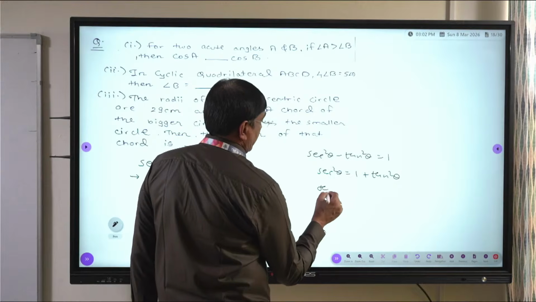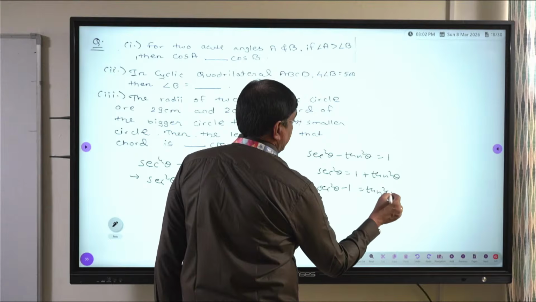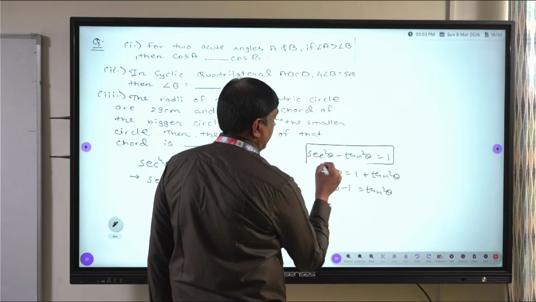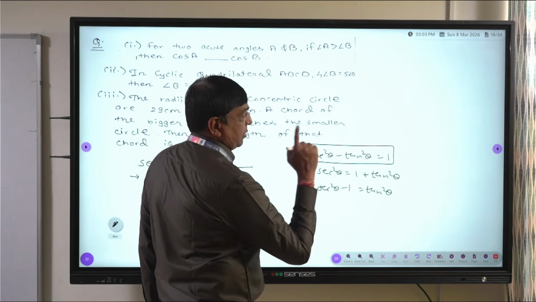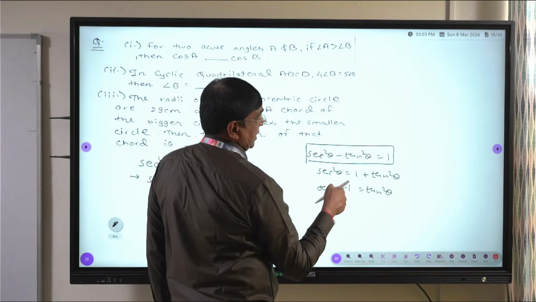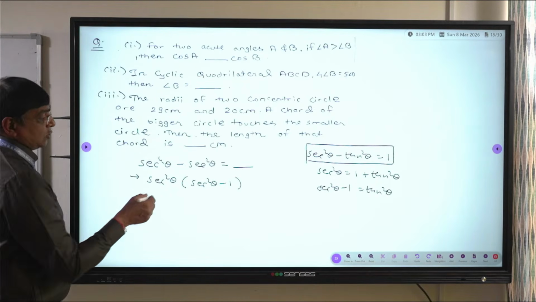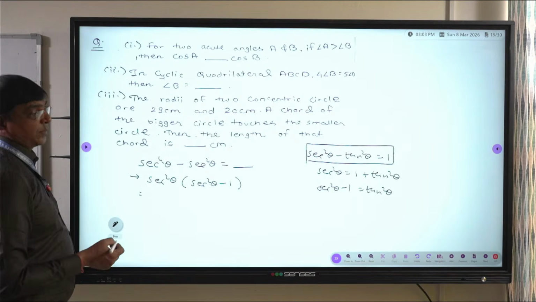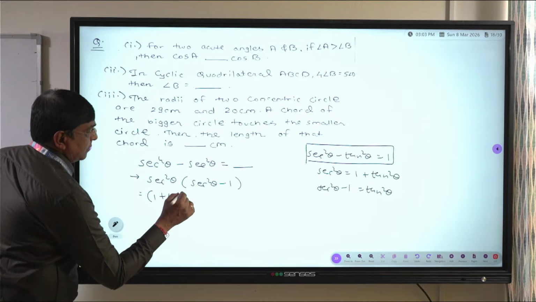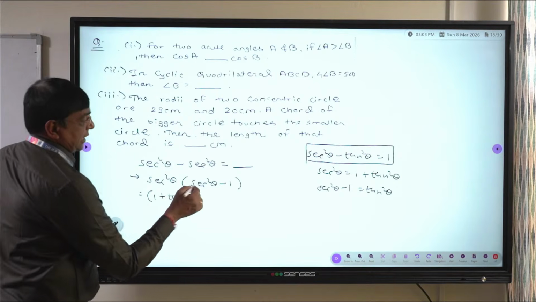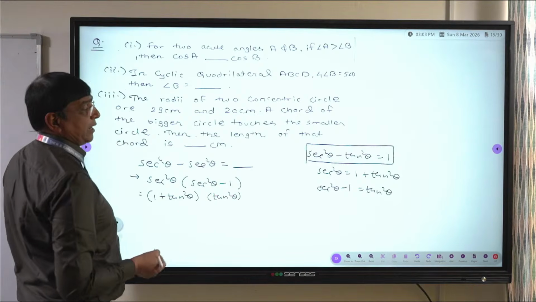We need sec square theta, meaning sec square theta equals 1 plus tan square theta, and sec square theta minus 1 equals tan square theta is your general identity. From that, sec square theta is 1 plus tan square theta, and sec square theta minus 1 is tan square theta. We need the answer in tan, so convert all sec into tan. So sec square theta is 1 plus tan square theta, and sec square theta minus 1 is tan square theta.